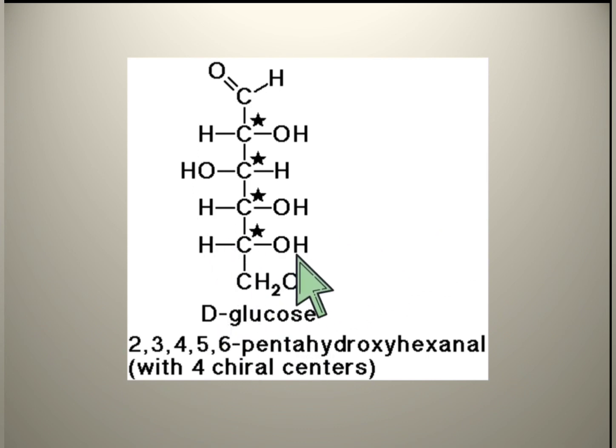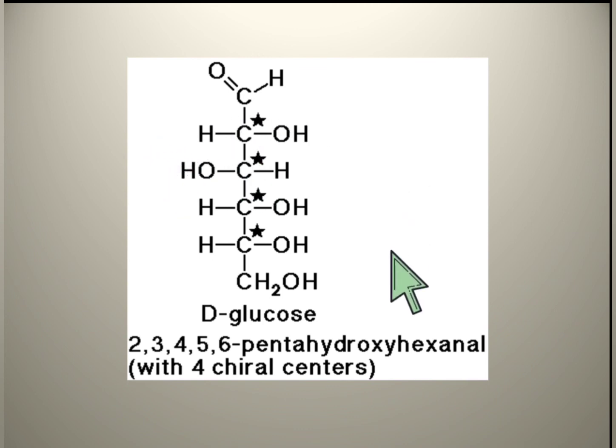There will be a difference in the arrangement of these groups at these chiral centers. There will be 2 different ways of arrangement. Suppose this can be written like this, and the other isomer can differ in any one of these carbon atoms. For example, here in carbon number 2, the OH is on the left and the H is on the right.